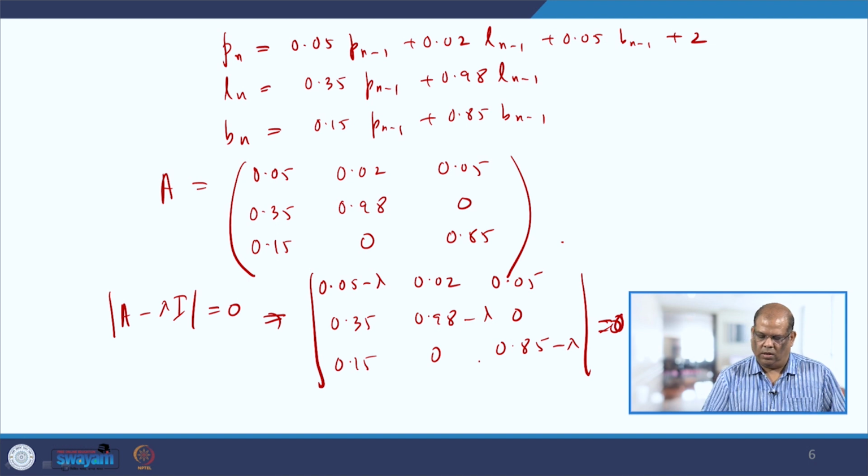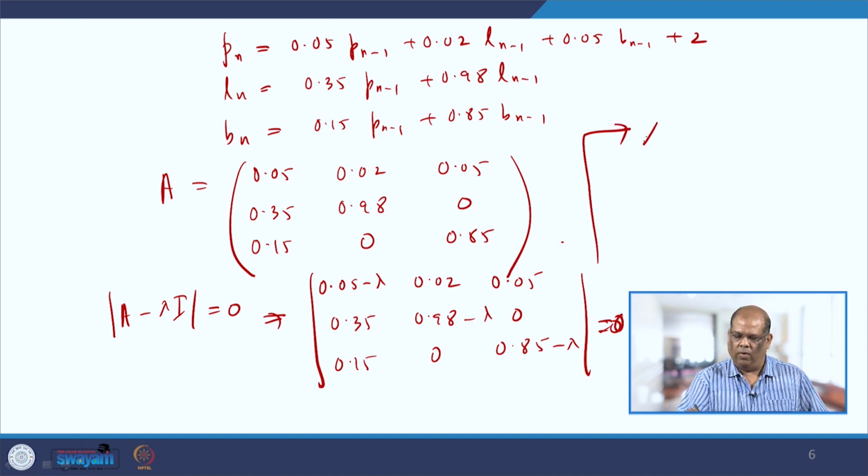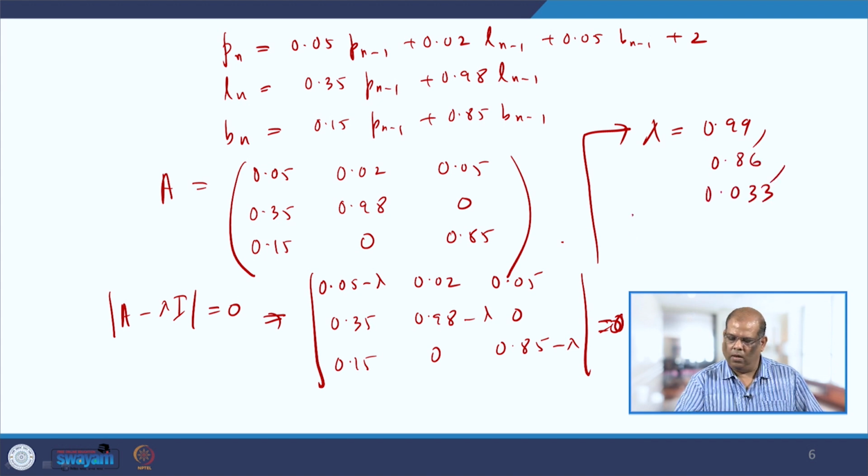So this is a bit complicated, though you can do it by hand, and you will be able to find the values of lambdas to be 0.99, 0.86 and 0.033. So the modulus of all lambda i's is less than 1 and the system is stable.